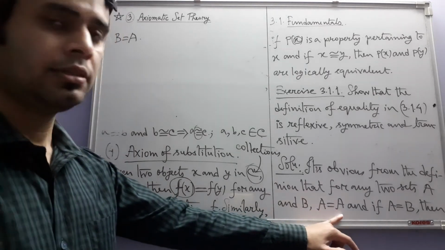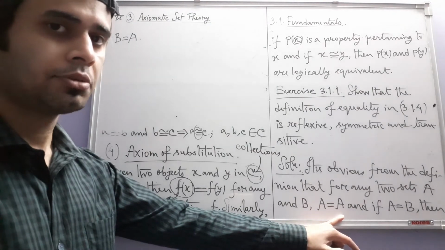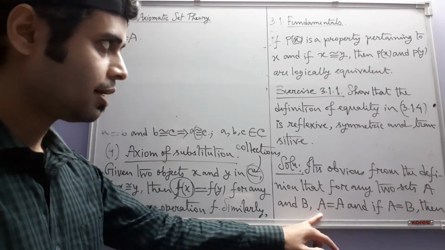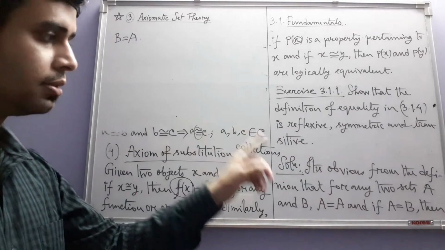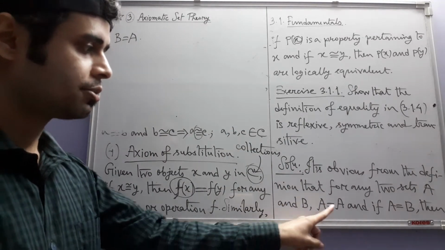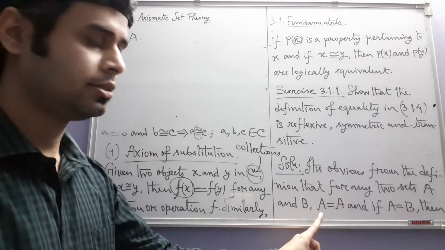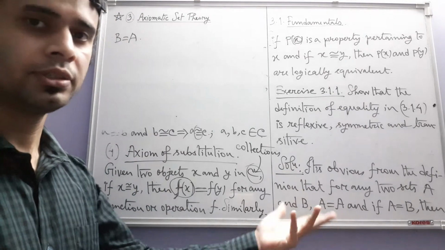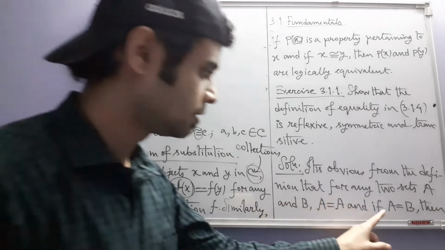To prove that A is equal to A, although it may sound silly, you have to look at the definition. Every element of A is also an element of A, and conversely. So that's why A is equal to A. It's obvious.